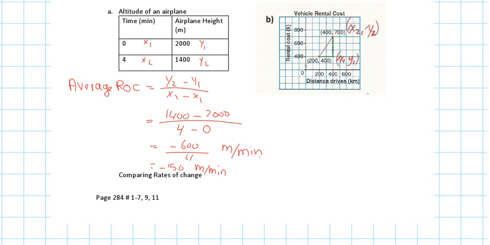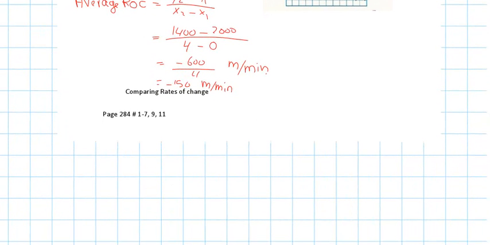So the height of the plane is decreasing by 150 meter per minute.